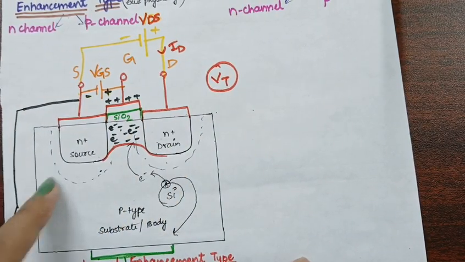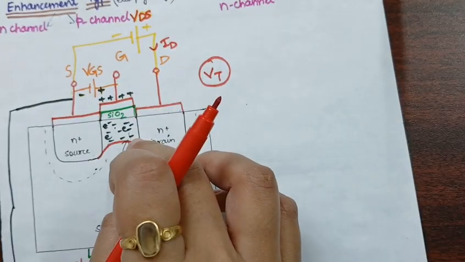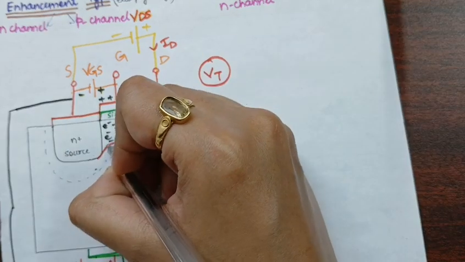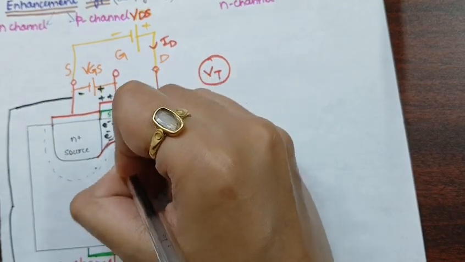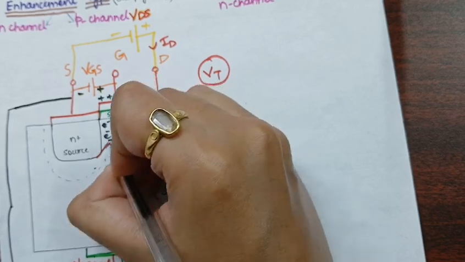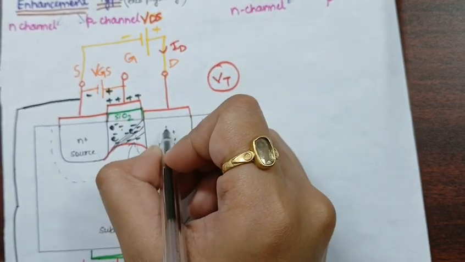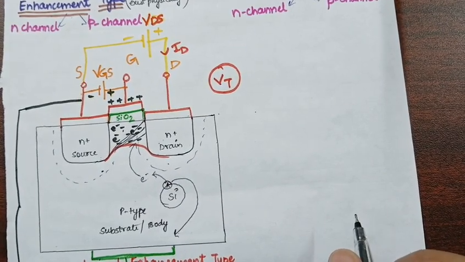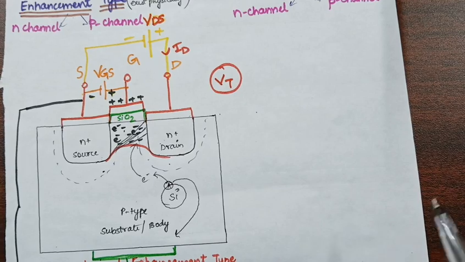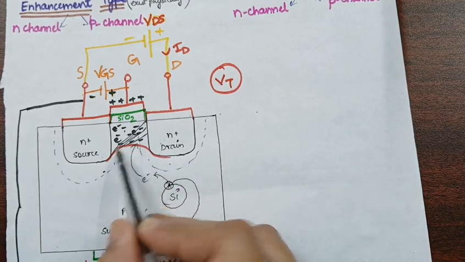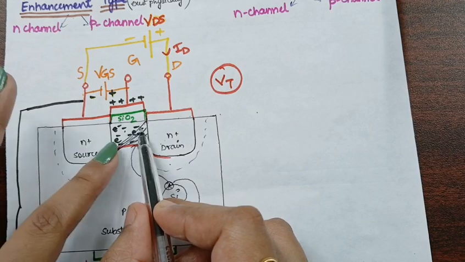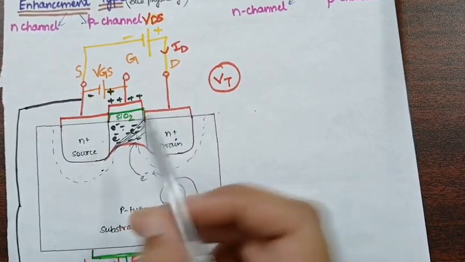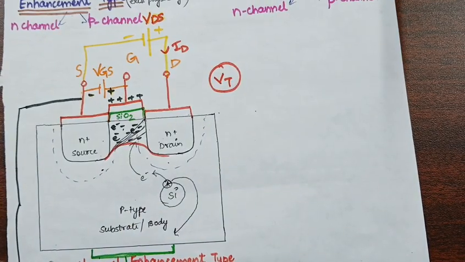But due to the increase in this potential, the channel will keep on thinning. This channel will keep on decreasing at this potential because this is at the higher potential. Now, due to this thinning of the channel, that will resist the flow of current, and a point will come when the current will get saturated.